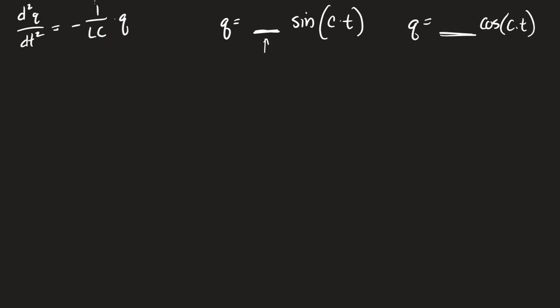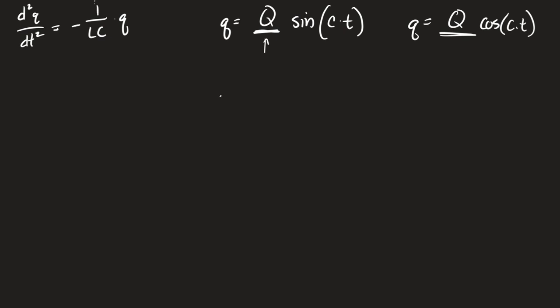Yep. Q max, that's what should go there. We know that the charge on the capacitor is never going to exceed a certain value. That value is going to be Q max. And we said that Q max was capital Q. That was from the very beginning. This is the boundary condition. At maximum, Q has to be at Q max.